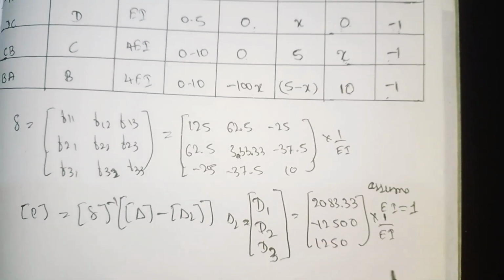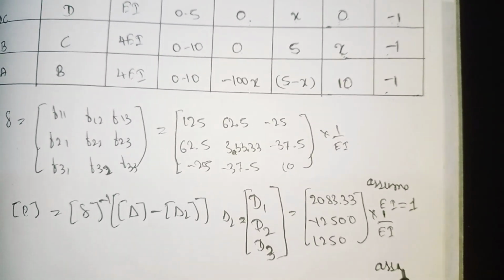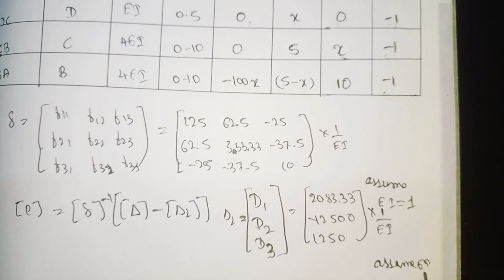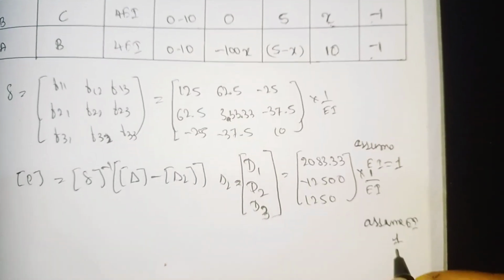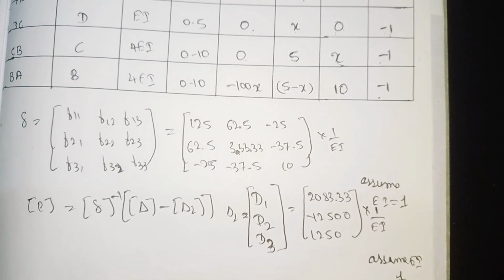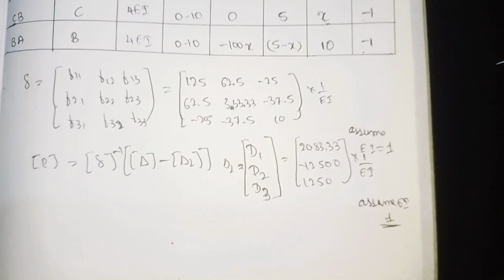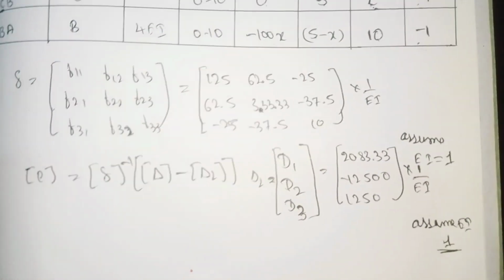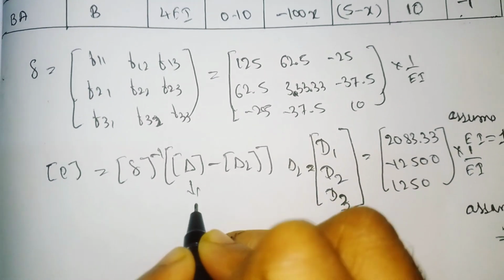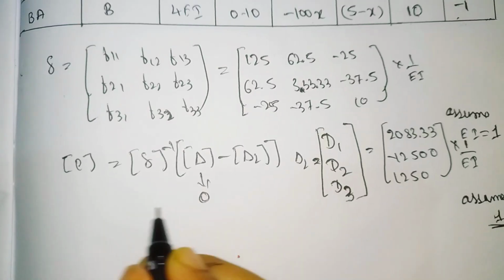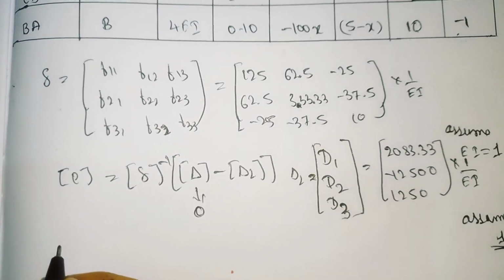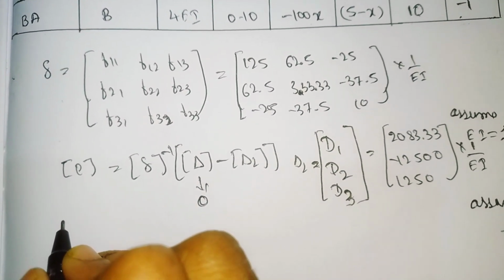I am taking EI as constant, so here also assume the EI value as constant, that is 1. From the compatibility equation, the delta yielding value becomes 0, and now put in all the values.